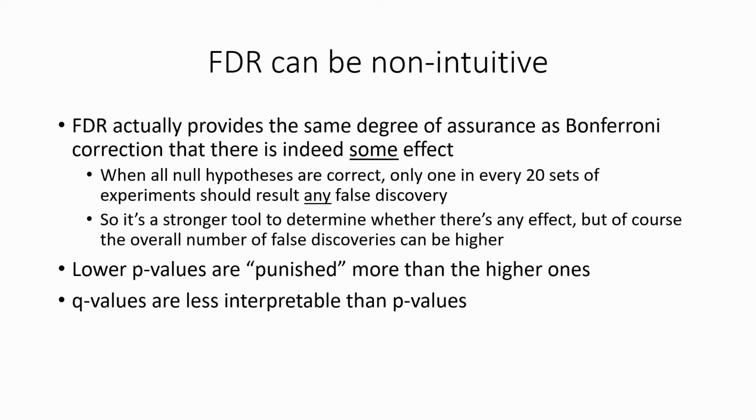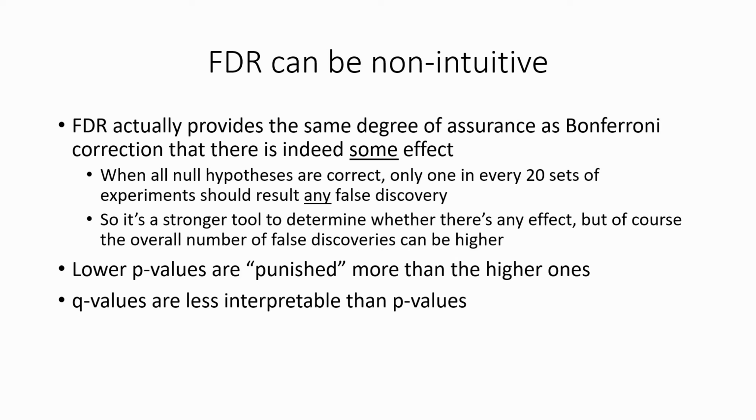We do get more false discoveries in the individual hypotheses that we test. So again, with the example of genes, we will get more genes which are falsely reported to be significant. So at the resolution of single hypotheses, we get more false discoveries, but at the resolution of whole sets of experiments, we have the same kind of assurance. This is confusing, but I think it's something that is important to keep in mind.